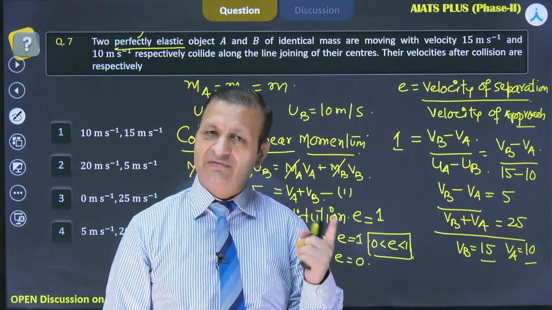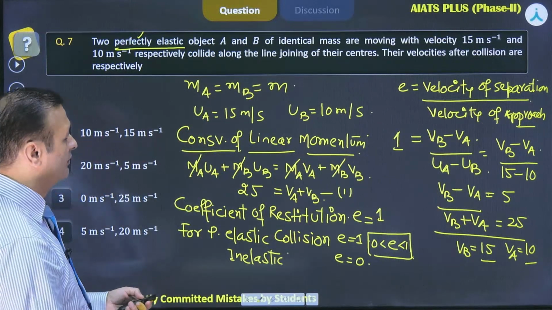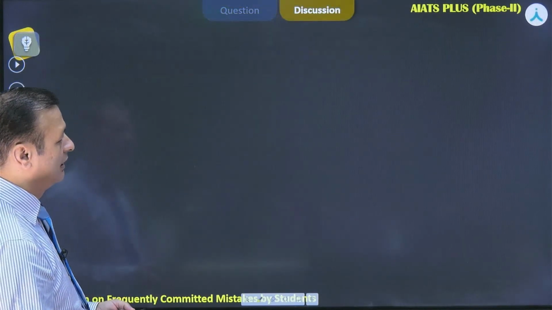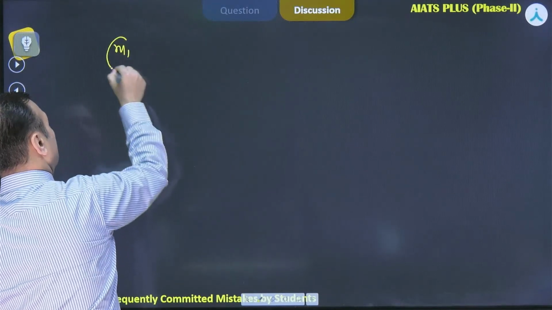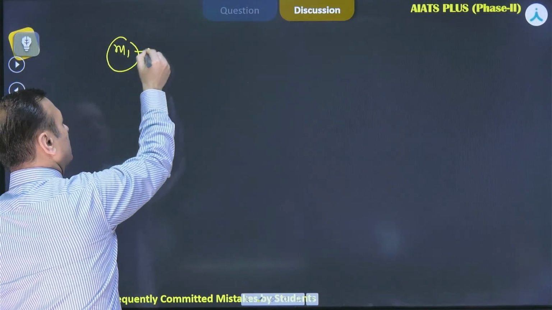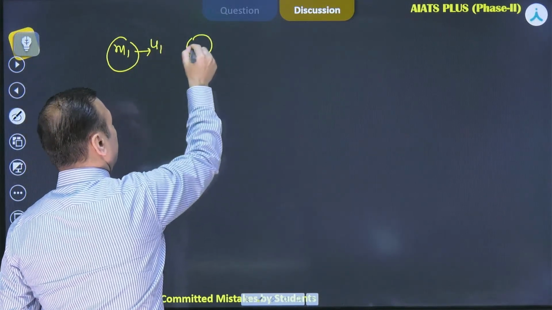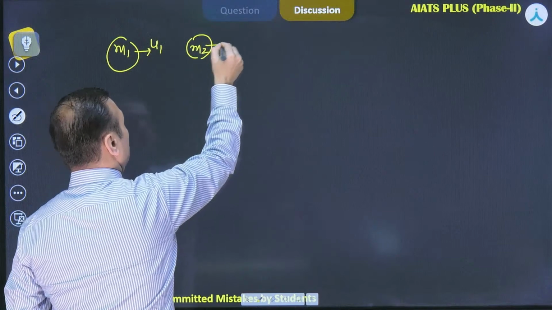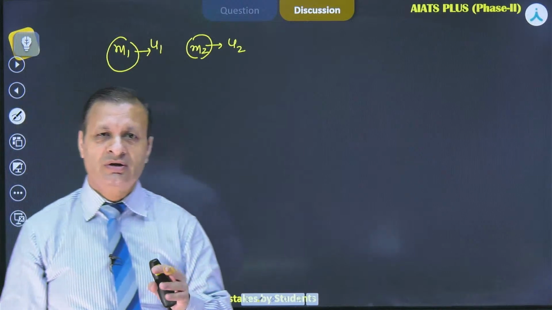Shall I give you one more formula? Okay, fine. I am giving you. Let's assume you have particle m1 moving with speed u1. You have another particle m2 moving with speed u2. This is the situation before collision.